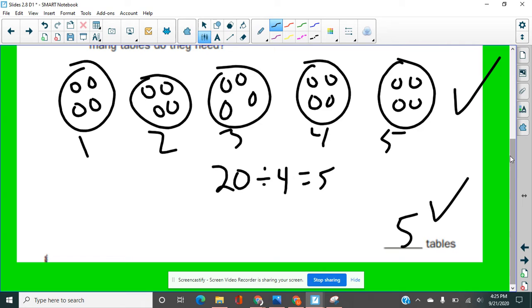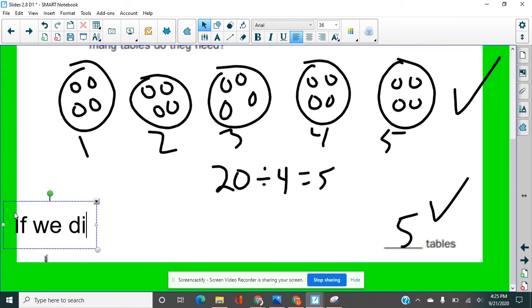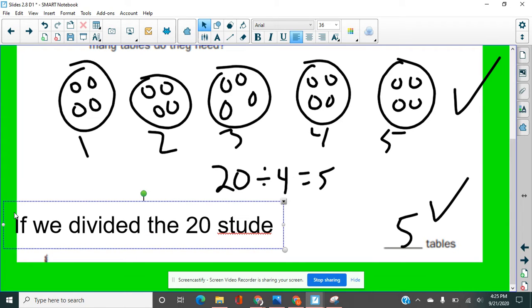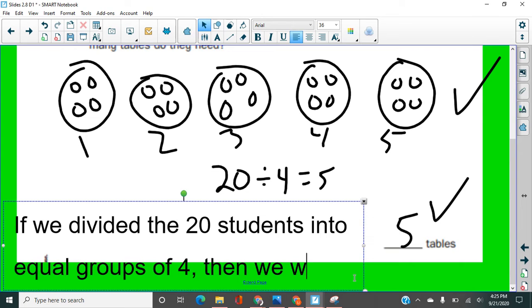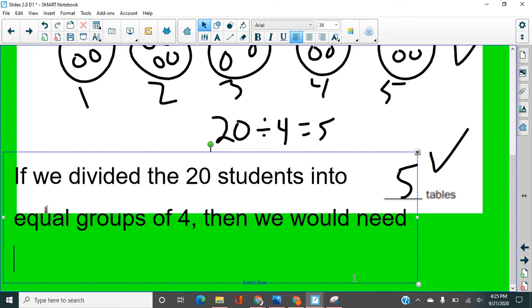Now we have to explain. And so we are going to write that in a complete sentence. And so will you in a little bit, right? We would say, if we divided the 20 students into equal groups of 4, then we would need 5 tables.